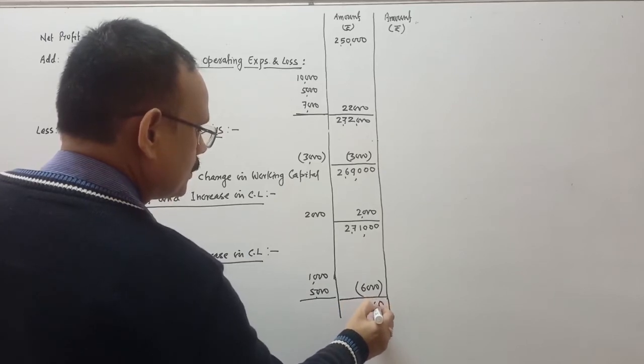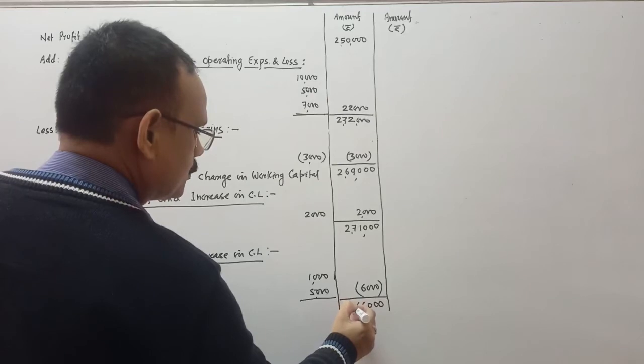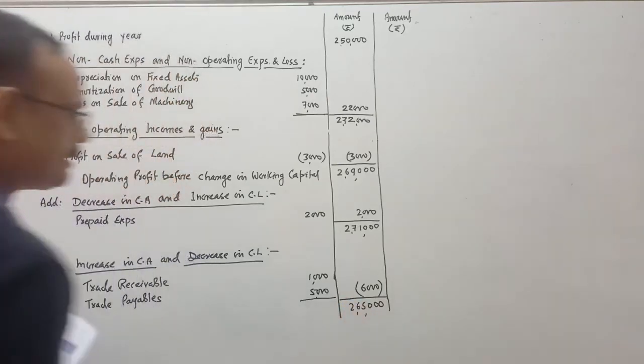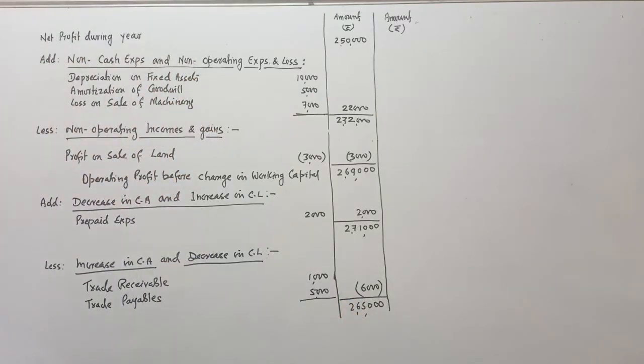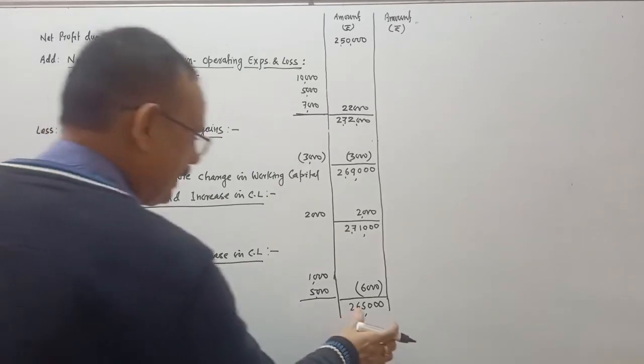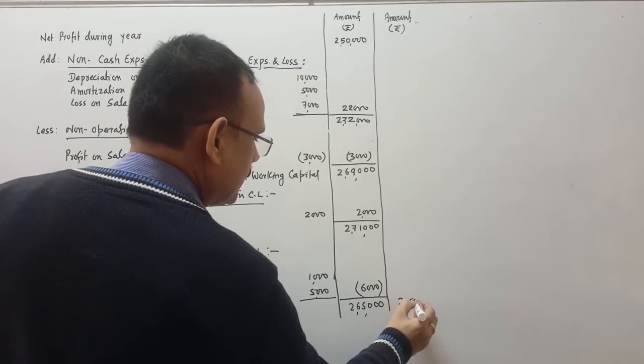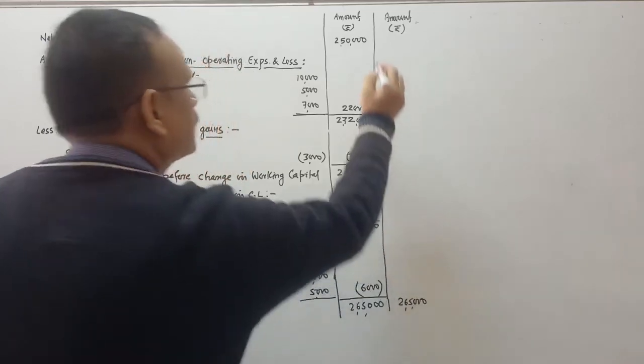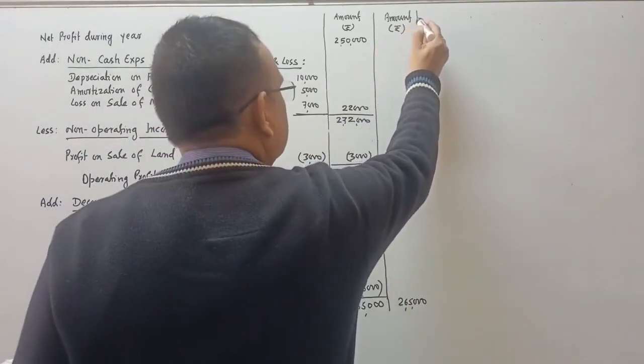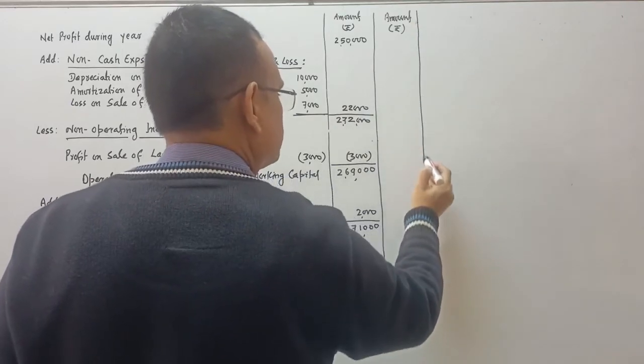So the figure after deduction is 2,65,000. We write this amount in the main column.